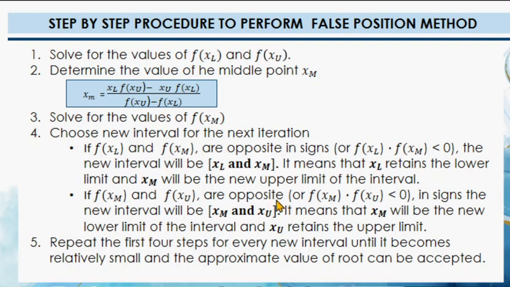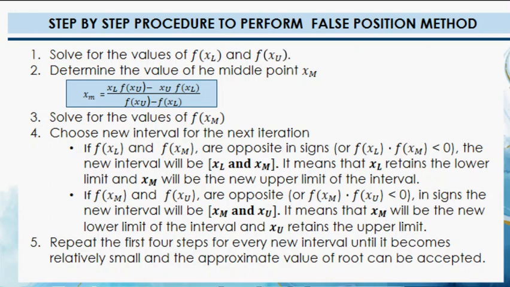So, paano ba tayo pumipili ng ating new interval? So, dito, mapapansin nyo, kaparehas lang siya dun sa ating bisection method. So, ang titingnan lang natin is kailan ba o saan ba nagkaroon ng opposite na sign at kung less than ba siya ng 0.